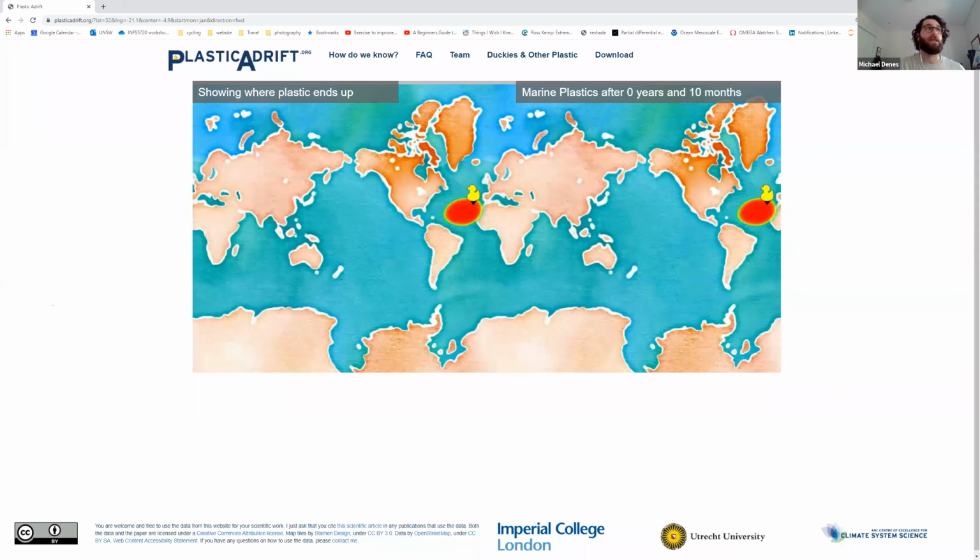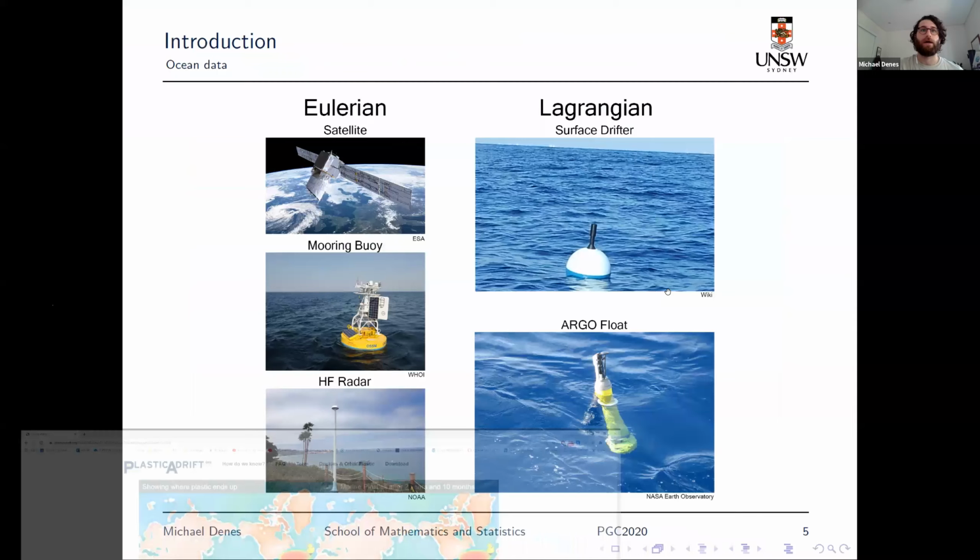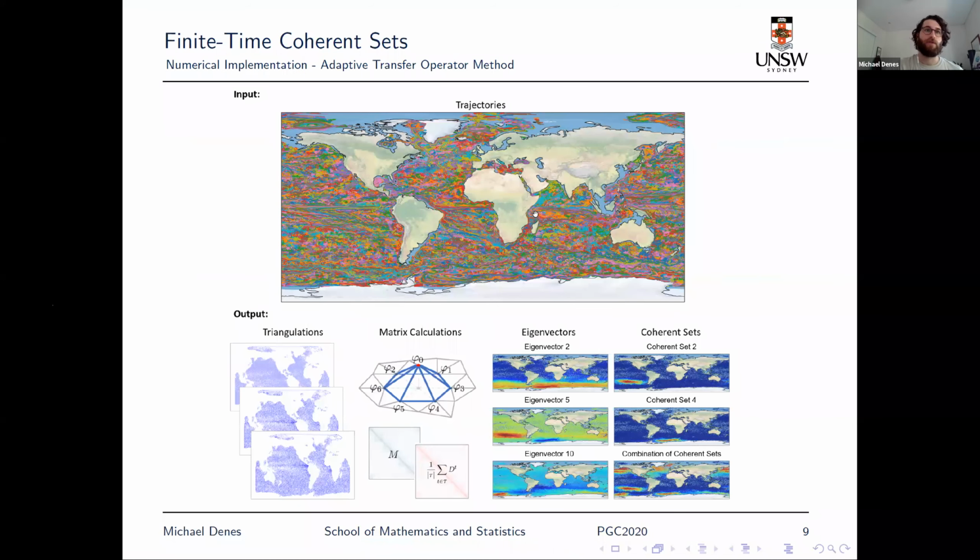The Agulhas ring eddies, at least, they form where the Agulhas current, so there's a current that feeds down the east coast of Africa called the Agulhas current, retroflects, so it turns back in on itself at the base of South Africa.